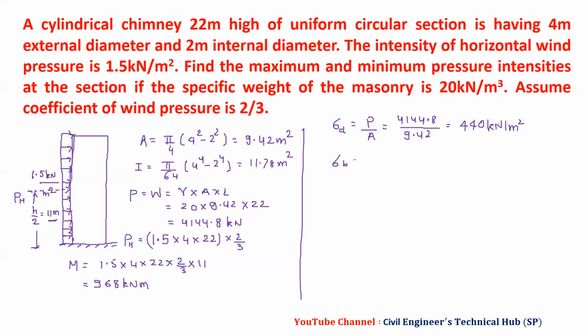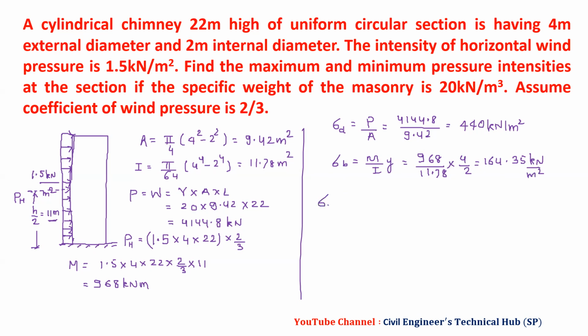Sigma B we have M by I into Y. M we have 968, I we have 11.78, into Y, which is 4 by 2. And then we have this value 164.35 kilonewton per meter square.